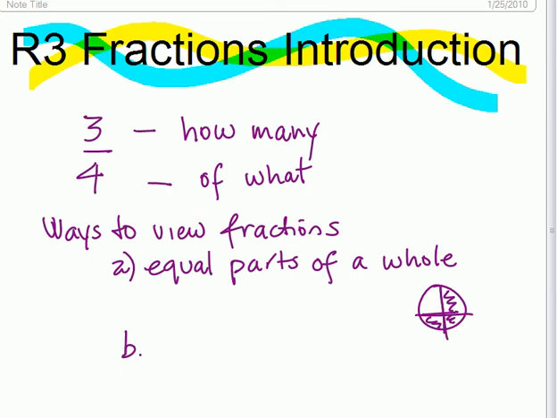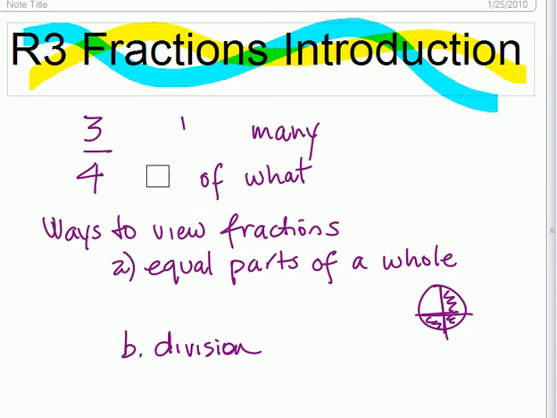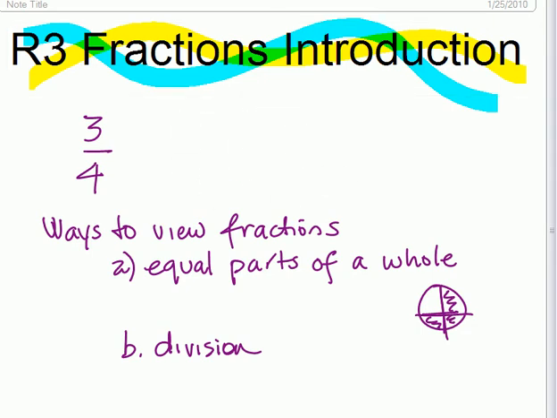The other part, though, that I'm not sure you're really familiar with, is that it also indicates division. So 3 over 4 also indicates 3 divided by 4. And you know what's cool about this?